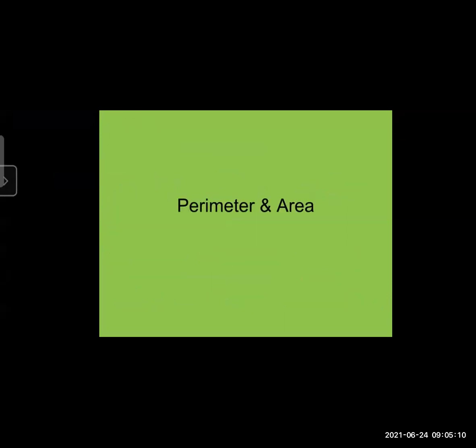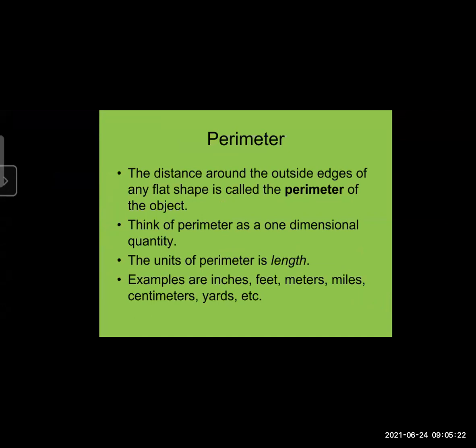So today's topic is perimeter and area. First we see what is meant by perimeter and how we find the perimeter of any 2D shape, and then we discuss area. So students, perimeter. Perimeter means the distance around the outside edges of any flat shape. Listen, you are sitting inside the room.